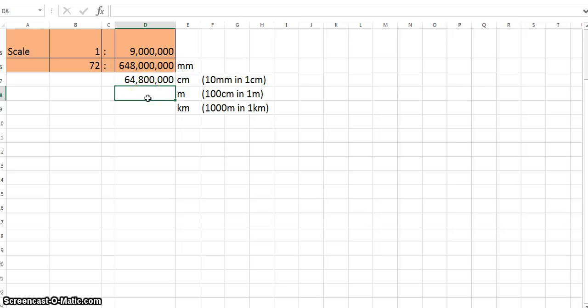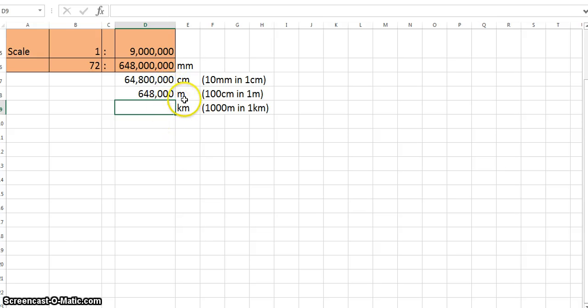Right, so that ends up being around 65 million centimetres, still a really big number, so let's do another division here. Turning it into metres, 100 centimetres in 1 metre, so we want to move our floating decimal point 2 places to the left, which gives us 648,000 metres.